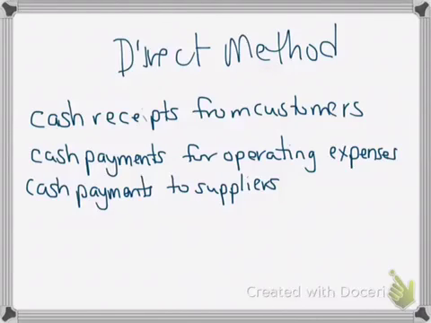You have to look at each individual thing and come up with what that cash involved was, either cash coming in or cash outflows, as far as that direct method is concerned. So this one is a little bit more time consuming because you are analyzing a lot of things when you do the direct method.